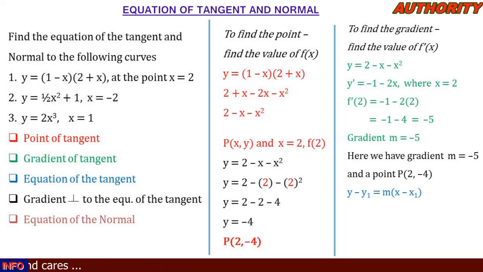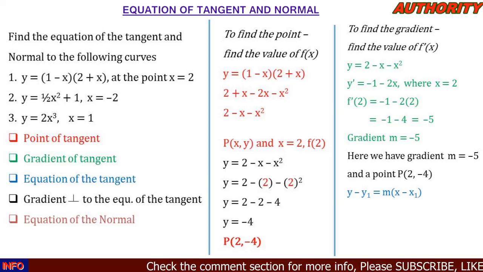So here now we have the gradient to be minus 5 and we have the point to be (2, minus 4). The formula we're going to use is y minus y1 is equal to m times (x minus x1). This is the formula to find the equation of a straight line whereby a gradient and a point is given.